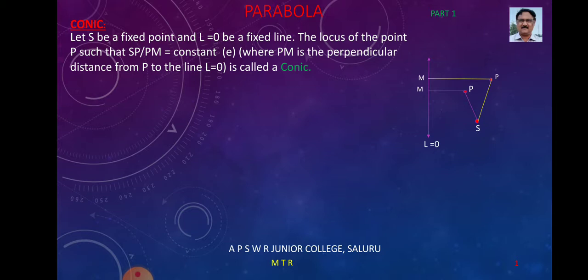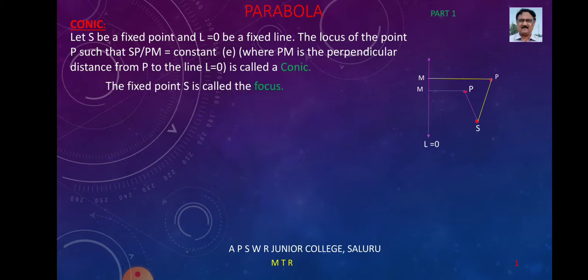Conic is nothing but the locus of a point P such that SP by PM is equal to a constant. Here S is a fixed point, L = 0 is a fixed line, and PM is the perpendicular distance drawn from P to the fixed line L = 0.